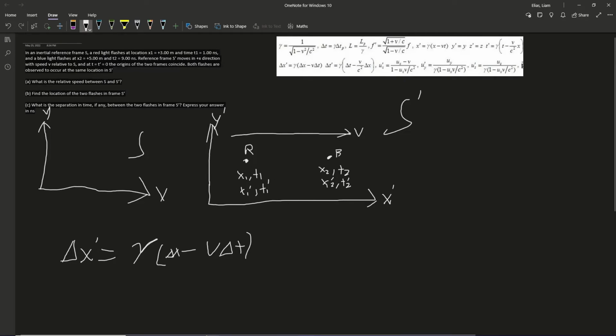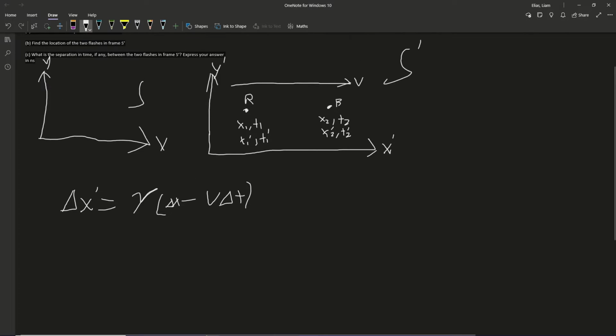First we need to figure out our delta x and our delta t, and then we can pretty easily rearrange this equation to solve for v.